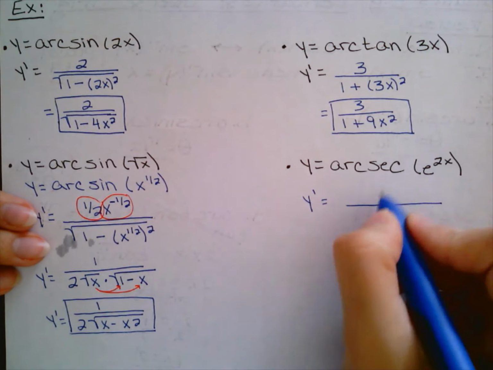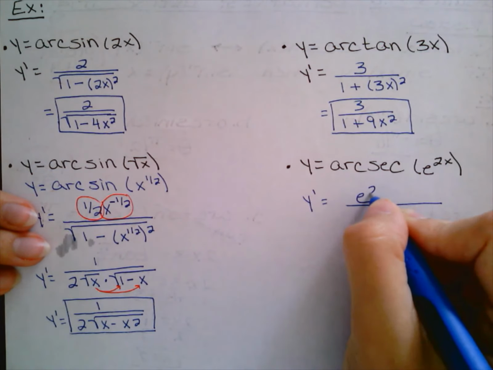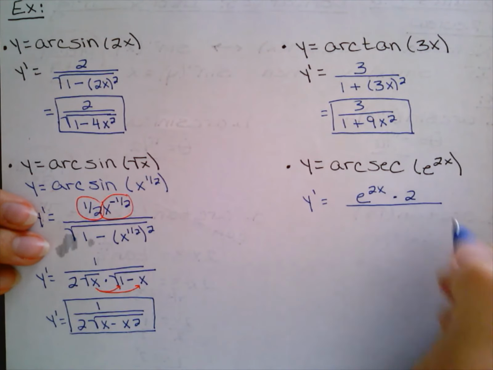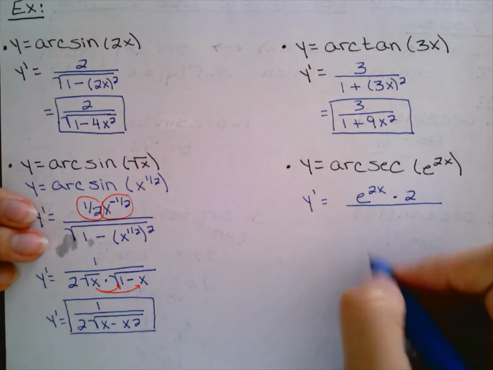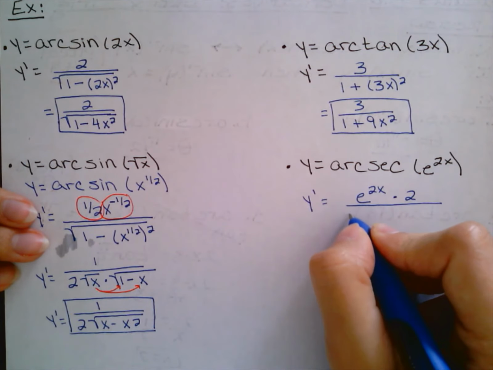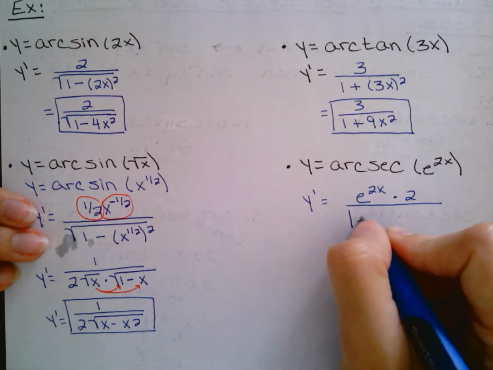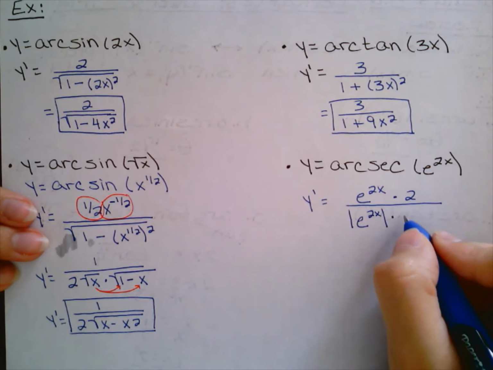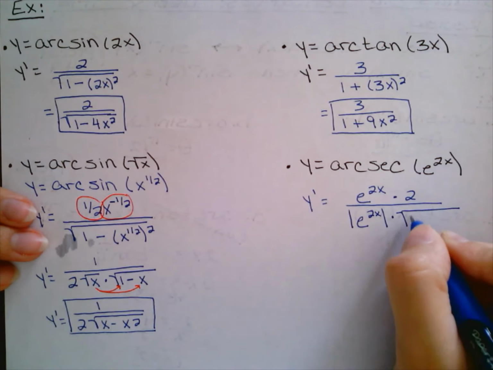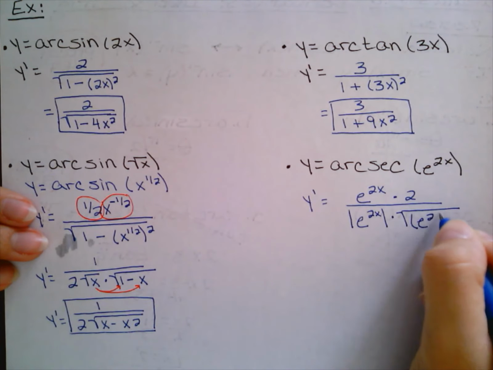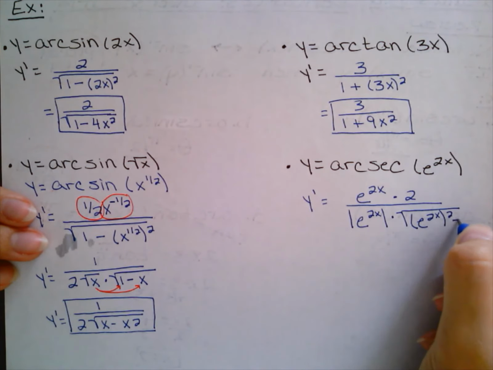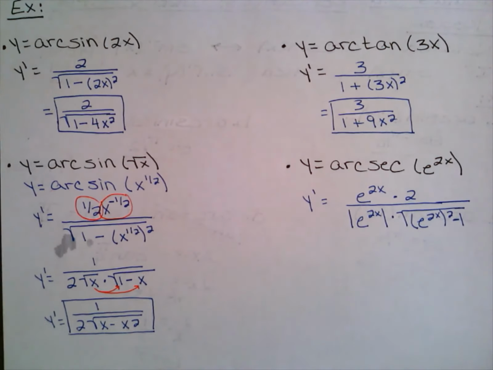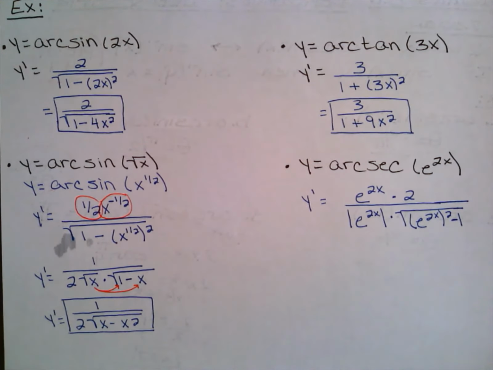So derivative of this is rewrite e to the 2x times derivative of the exponent, which is just 2, over absolute value of u, e to the 2x, times square root of the u function squared minus 1.